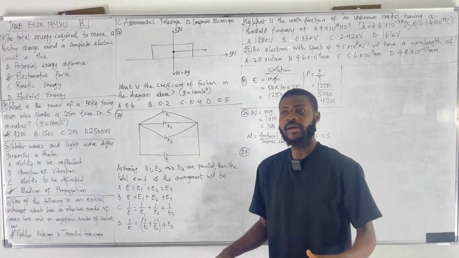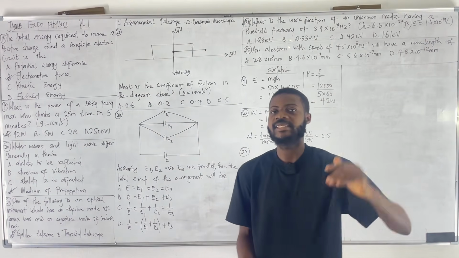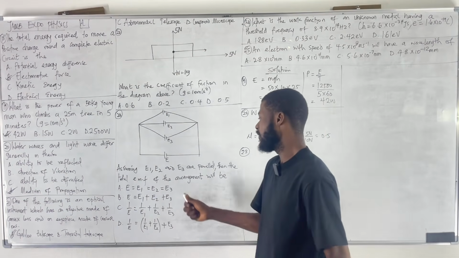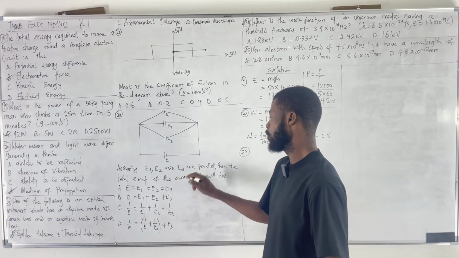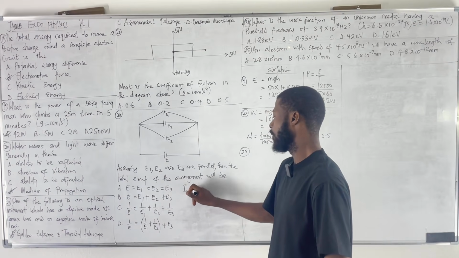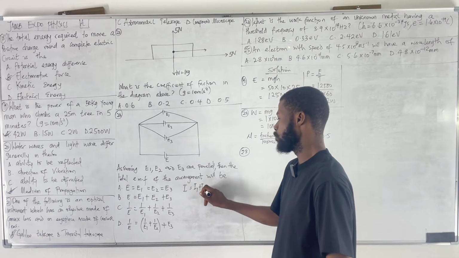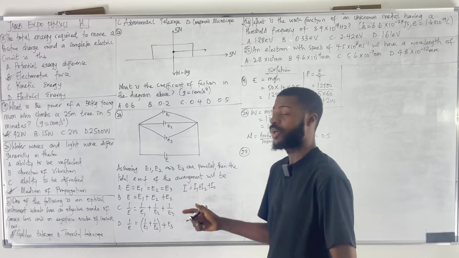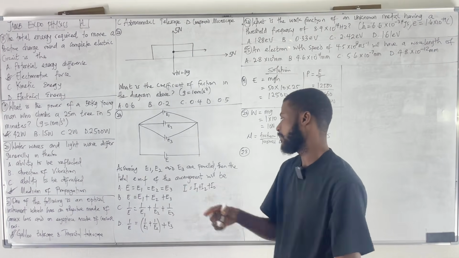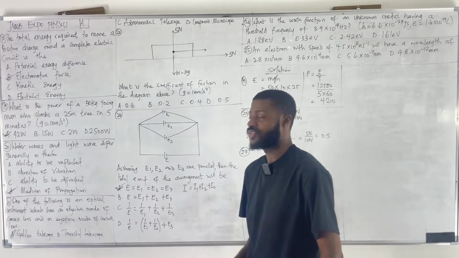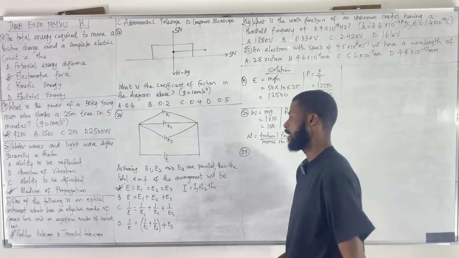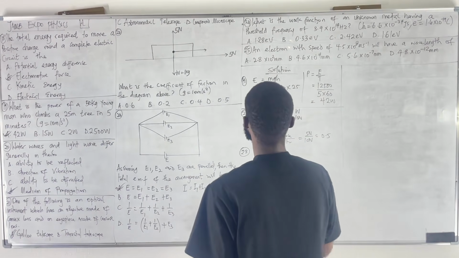So when you connect in parallel, the voltage stays the same, current increases. But what if they were asking for the total current? Total current I will become I1 plus I2 plus I3, because the current will increase and the voltage will stay the same. So in this case, the answer for this one is going to be A, because our EMF will stay the same.